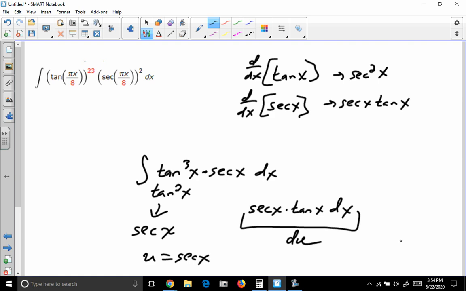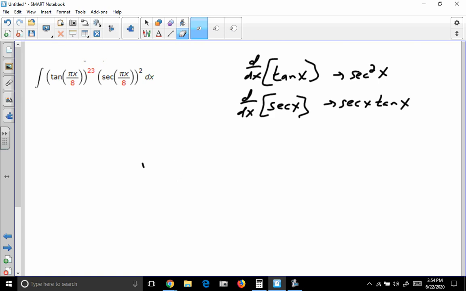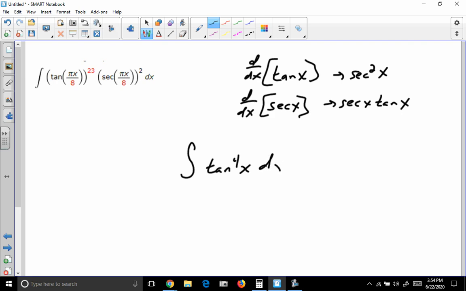It could be that we fall into both categories. It could be that we have an even amount of secants and we also have an odd amount of tangents. In that case, we just pick whichever one we like better. All right. There are a couple other ones. One of them says if we don't have any secants, if we just have tangents and have an even amount of tangents, then we're going to split this up.